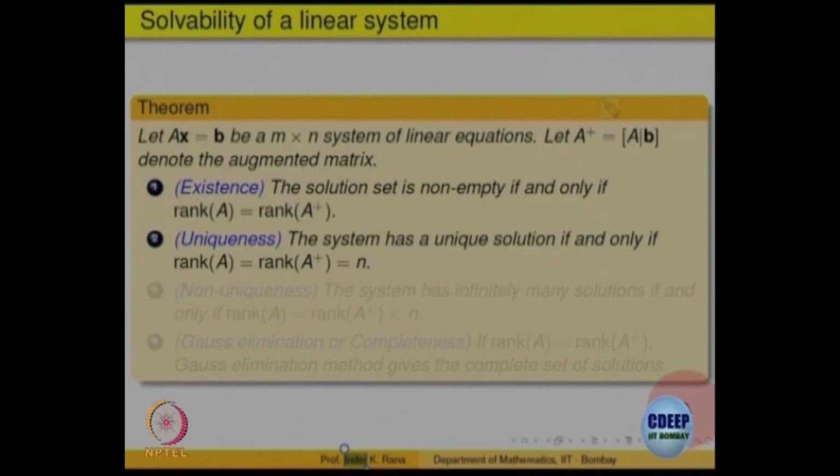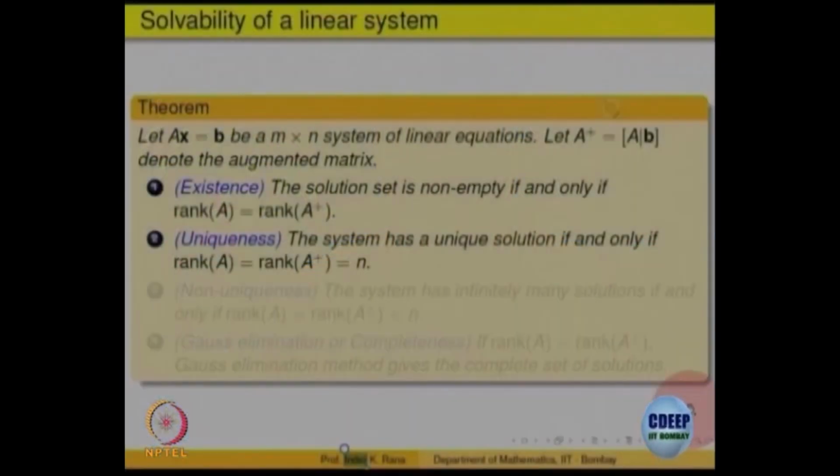So, is a unique solution possible? Here A is m cross n, and n is the number of variables. If there are exactly n pivots, that means each variable will get a unique value. So, the system has a unique solution if and only if the rank of A is equal to the rank of A plus, that is the consistency, and both are equal to n, the number of variables.